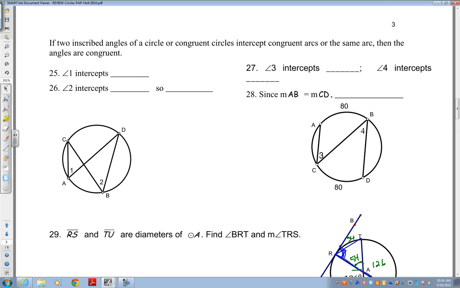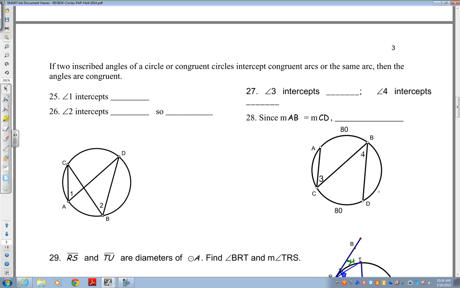You know inscribed angle and intercepted arc? No, that's not an inscribed angle. On the circle, it's inscribed. Central is the center. Interior is inside the angle.